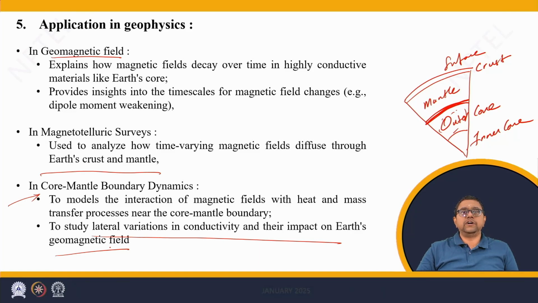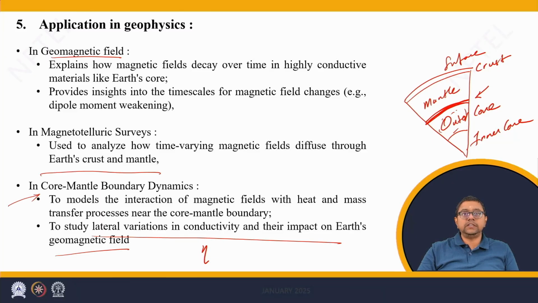We also have variations in the electrical conductivity or eta across the core mantle boundary. Now, depending upon the variations in eta, the diffusion process varies from place to place on the core mantle boundary, and it has a huge impact on the Earth's geomagnetic field.